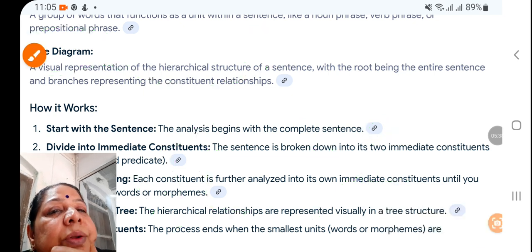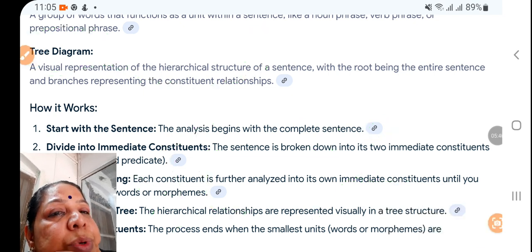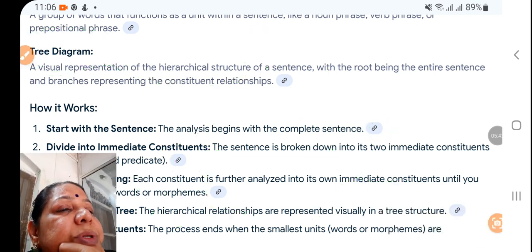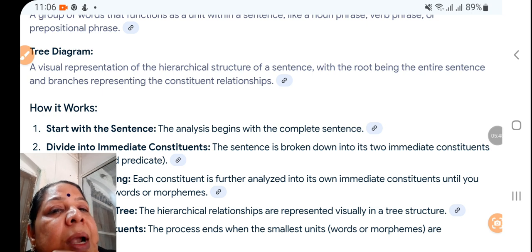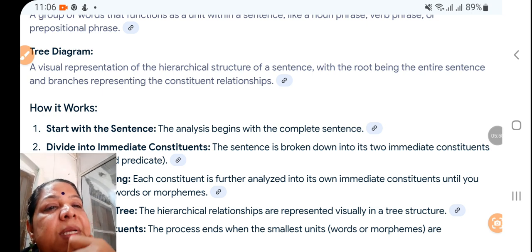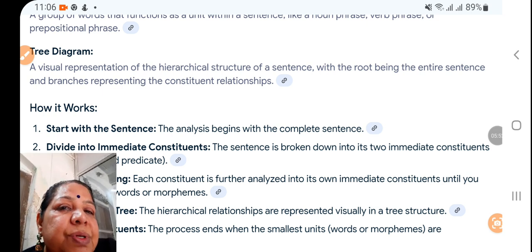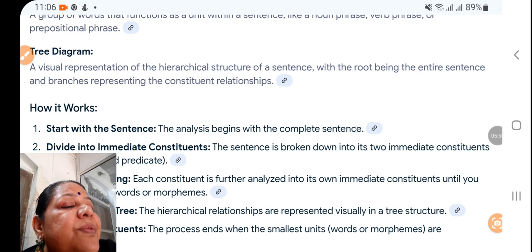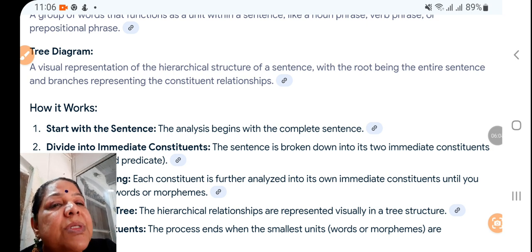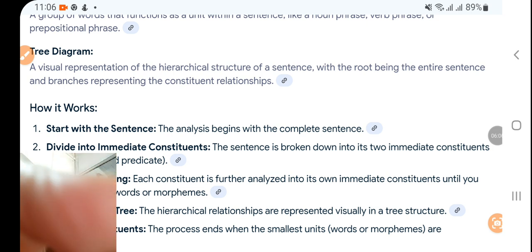They say that a tree diagram is a visual representation of the hierarchical structure of a sentence, with the root being the entire sentence and branches representing the constituent relationship. I'm repeating: a tree diagram is a visual representation of the hierarchical structure of a sentence, with the root being the entire sentence and branches representing the constituents relationship.